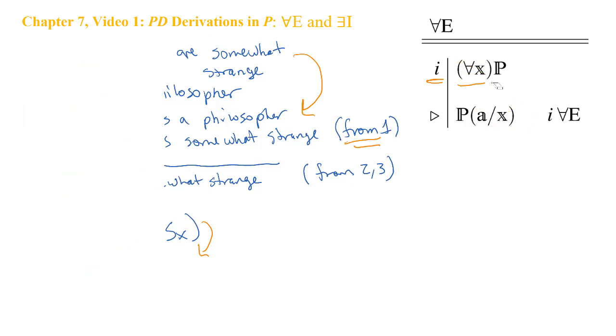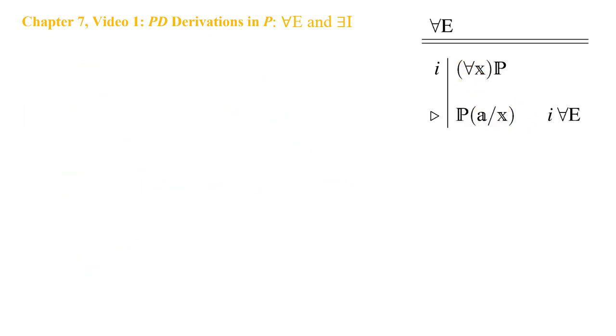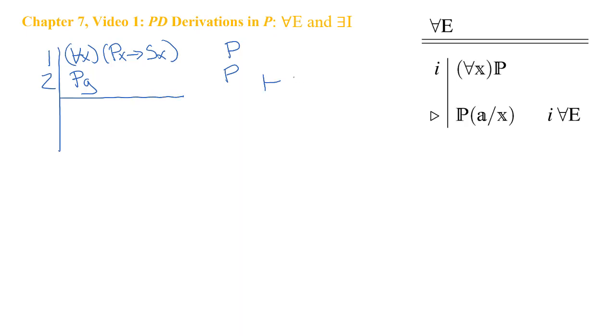Now let's see how using this rule can allow us to do a derivation corresponding to our previous argument. If we set up a derivation to symbolize the previous argument, it will look like this. First premise is a universally quantified claim, all philosophers are somewhat strange, as the first primary assumption. Gregory is a philosopher as the second primary assumption. And the desired goal will be Gregory is somewhat strange.